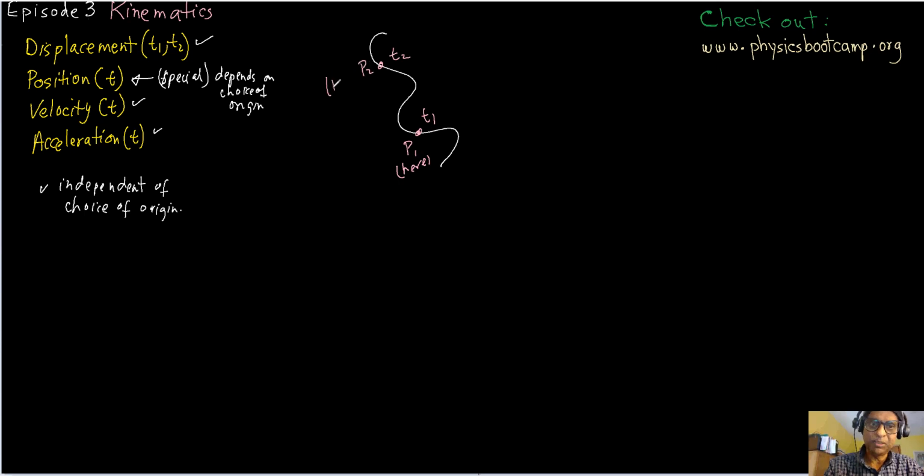Going from here to there, this vector is called the displacement vector. That's just the name of it.